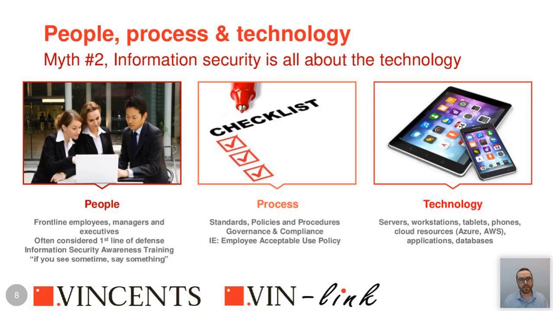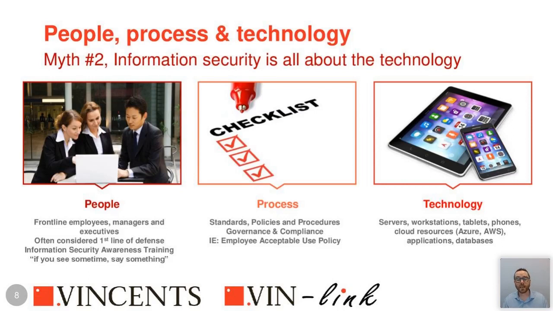So if they didn't say anything and someone else clicks on it, then that's where the risk comes out and no one reports it, and then you have a breach. Whereas, if person number 1 actually spoke up and said, hey, this is a phishing email, they could have stopped the breach or the incident happening right up front. So people, very critical in the whole grand scenario of information security.